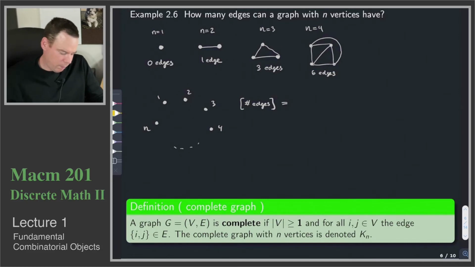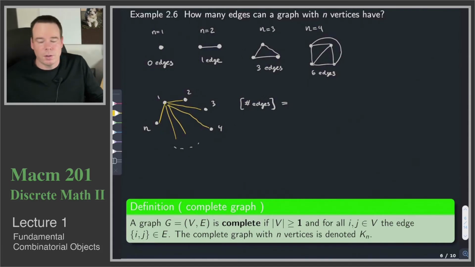Vertex 1 can connect to 2, 3, 4, all the way around to n. So vertex 1 could be a part of n minus 1 edges. It would join up with vertices 2 through n, so there's n minus 1 edges that we get from vertex 1.